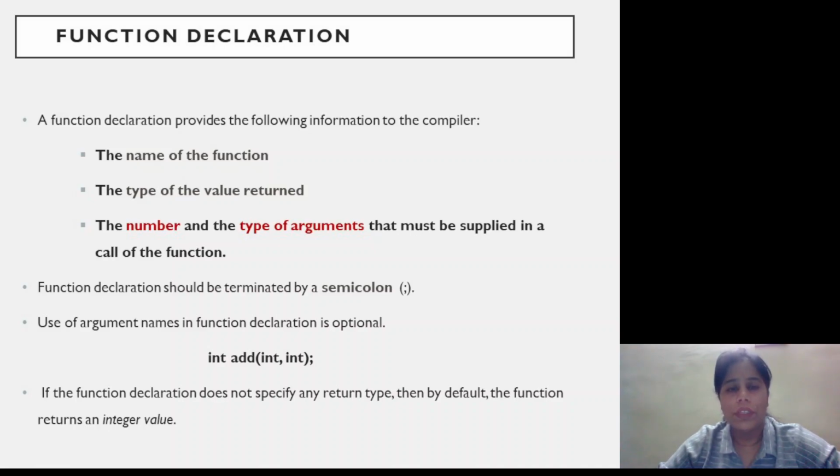The user-defined function is add. The function takes two parameters, integer and integer, and the return type is integer. In this declaration statement, one semicolon is required. Within the brackets, two parameters are taken.